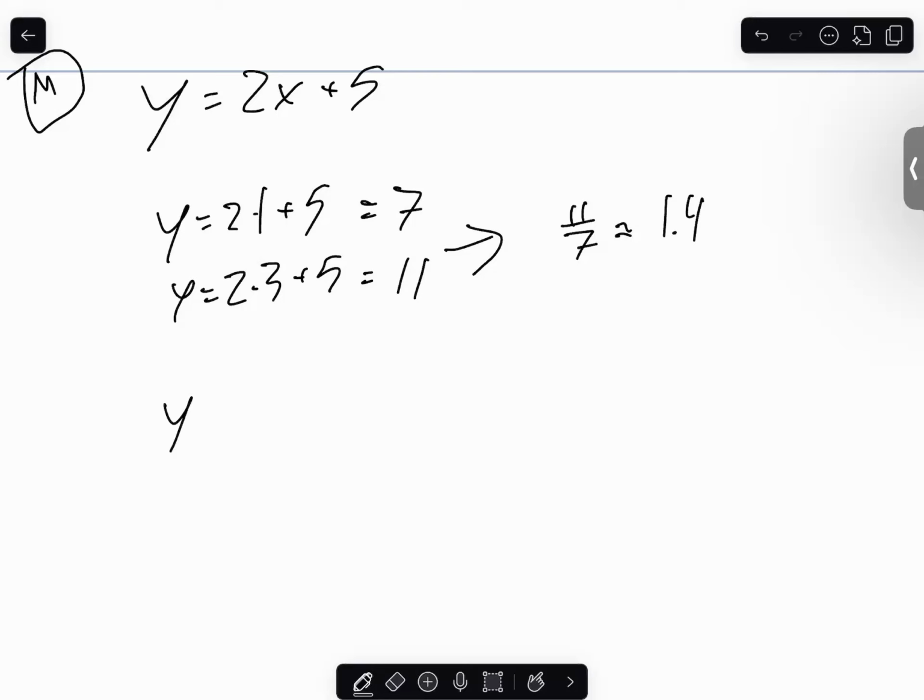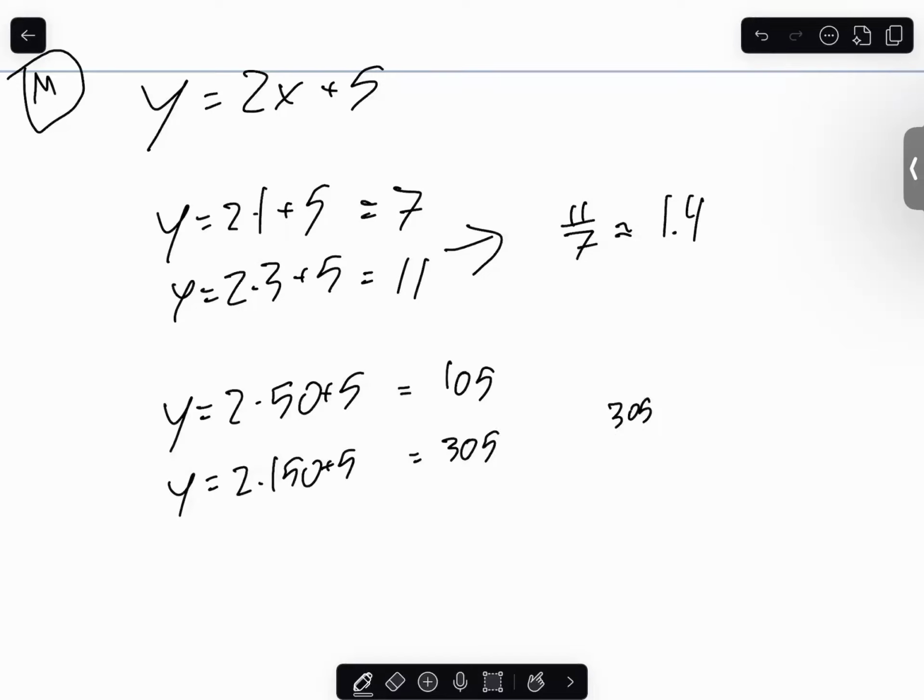Now let's plug in 2 times 50 plus 5. What's 2 times 50? 105. Now I triple 50. What's that become? 305. What's the ratio? Well, you don't need to grab your calculator. 305 over 105 is about 3. It's not the same ratio.